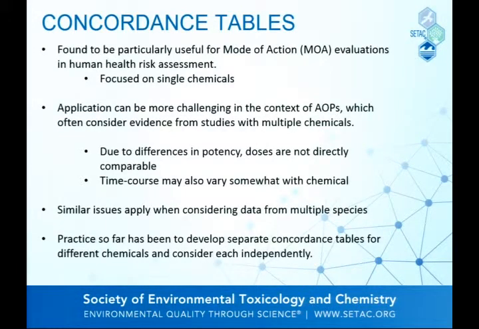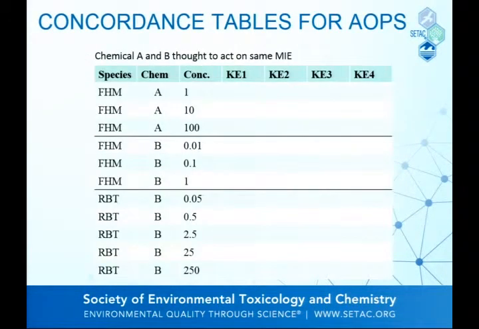So the practice so far in trying to adapt these concordance tables for AOP has been to basically build separate concordance tables for each of these different chemical and species combinations separately. You may incorporate it all into one table, but you have to kind of break them out into these groups in order to evaluate concordance.